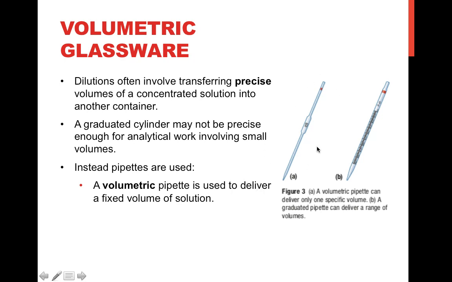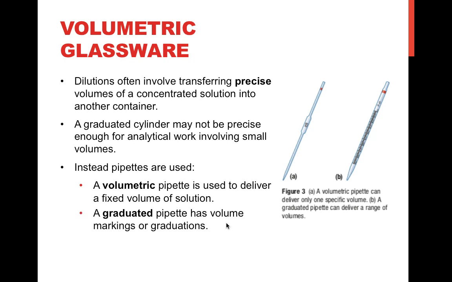This one here would only hold 10 mL of water. Another type, let's say you need only 5.5 milliliters of water, is a graduated pipette, which is just as accurate, but it has a grading system where you can see the actual volumes and you can adjust based on how much you actually need.